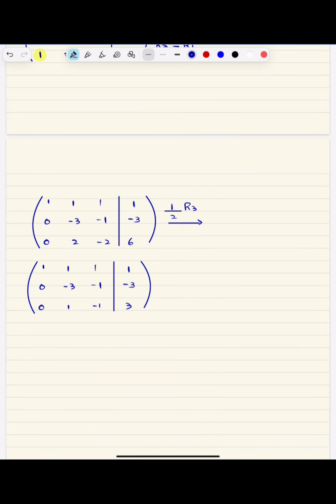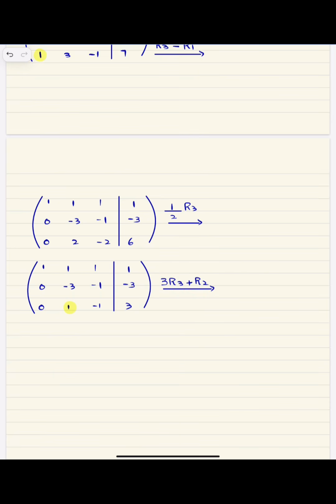Okay, we've done that. Now the next thing that we need to make into a 0 is this entry. Okay, let's do this. I want to multiply 3 into row 3 and then add row 2.